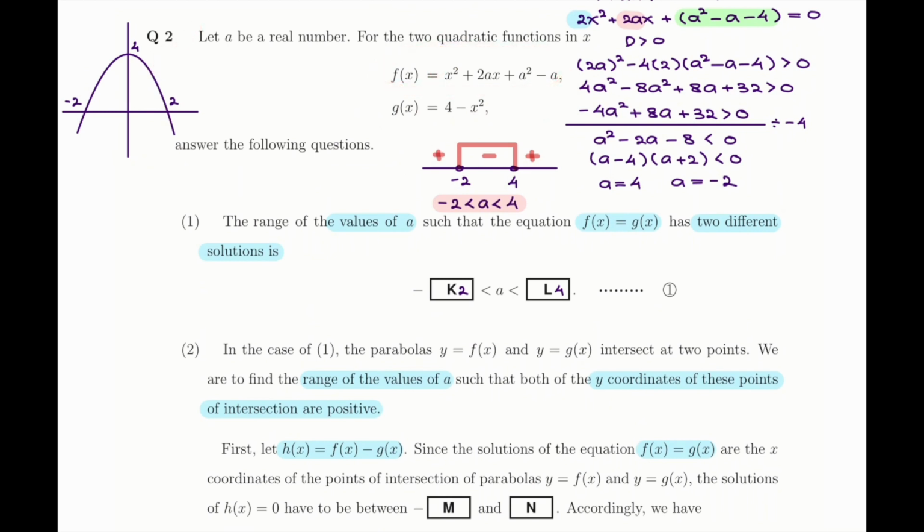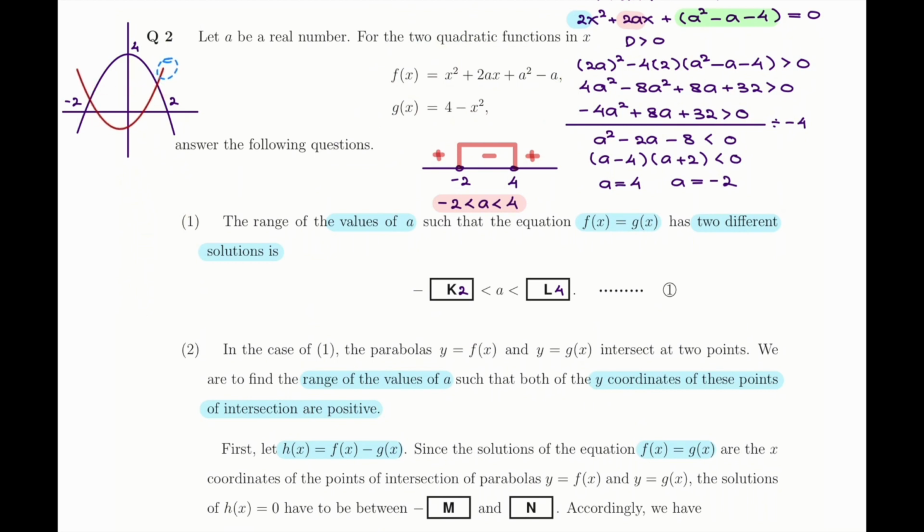So assume I have another parabola that is open upward, or concave upward, and then my second parabola must intersect this parabola at 2 different points, and the y coordinate has to be positive. So I think our possibility is something like this or like this. As you can see, the y coordinates are both positive.